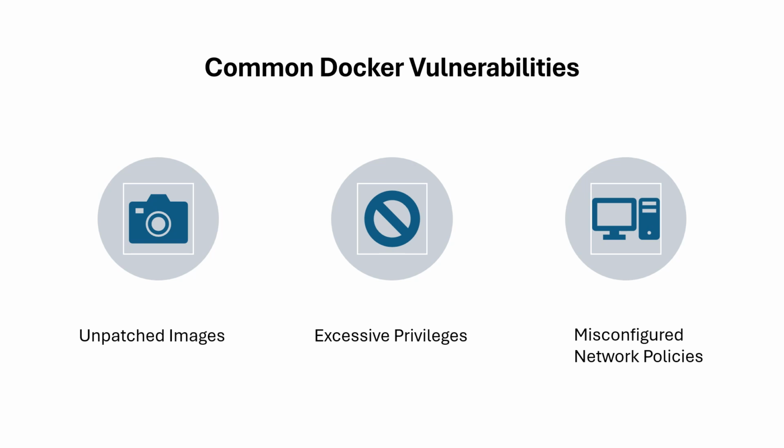Lastly, network misconfiguration can expose sensitive services to the public internet or allow unauthorized communication between containers. Understanding these vulnerabilities is crucial to take proactive measures in securing your containerized applications.